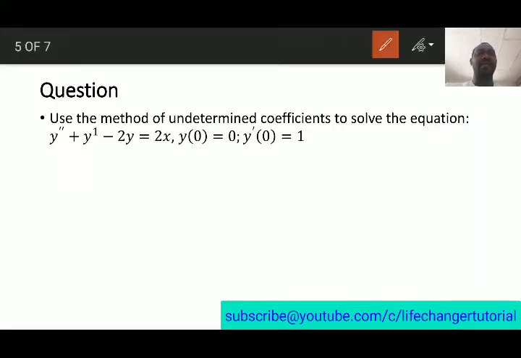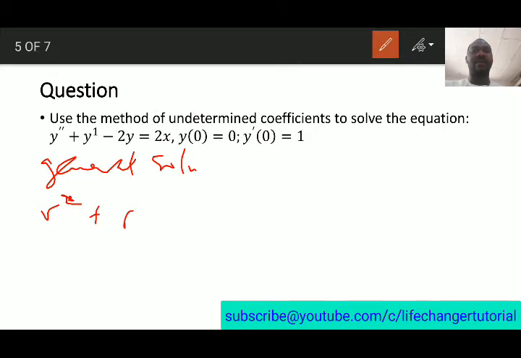It says use the method of undetermined coefficients to solve the equation y'' plus y' minus 2y equals 2x. Now, just like we said, we start with finding the general solution. Okay, so for my general solution, the characteristic equation is r squared for y'', plus r for y', then minus 2, all equal to 0.